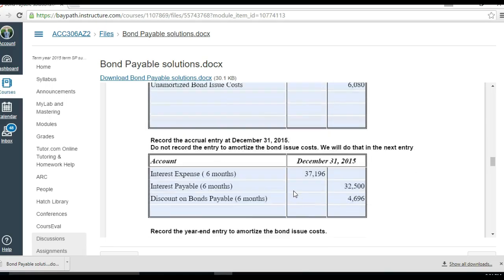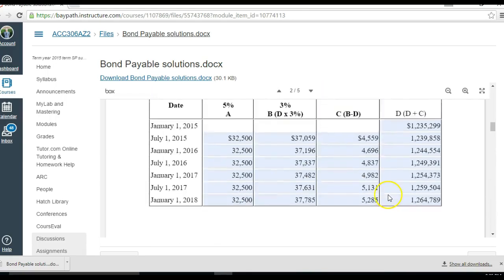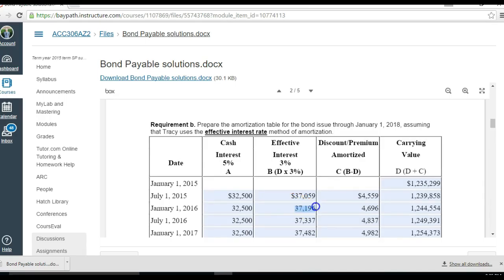Now, to record interest expense the following period on December 31st, the second semi-annual, the interest expense is right here in your schedule, $37,196.